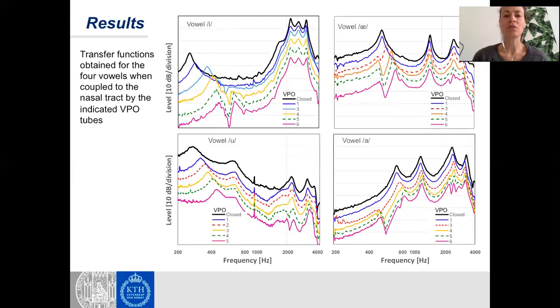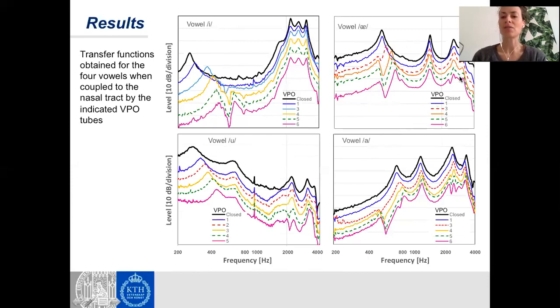Here's an overview of all vowels measured: vowel E, vowel E, vowel U, and vowel A. And in those three, vowel E and A, you can see a quite marked dip here in the lower frequency region, which is more pronounced when the VPO is increased.